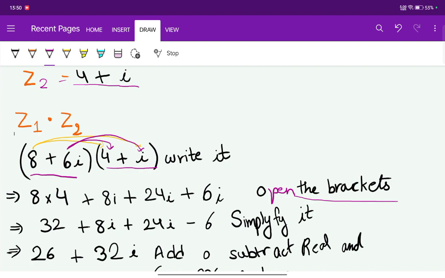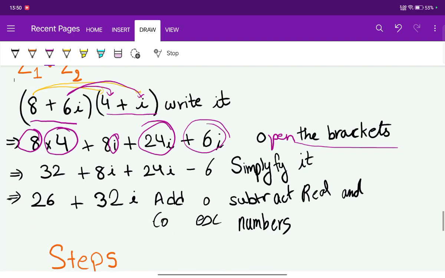So when we open the brackets, the 8 should go both to 4 and i. 8 is going to 4 and i. And 6i is also going to 4 and i, giving 24i and plus 6i. Then we have to simplify it, meaning that we have to do 8 into 4, and we can also simplify the 6i.